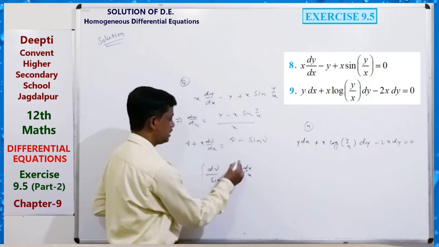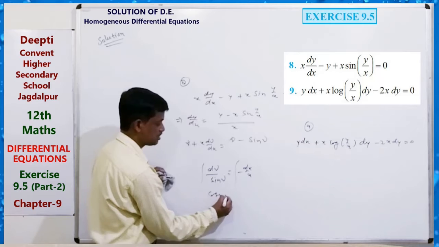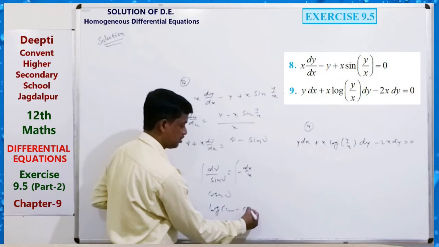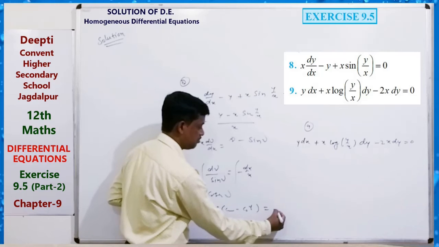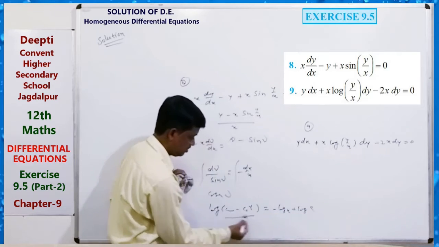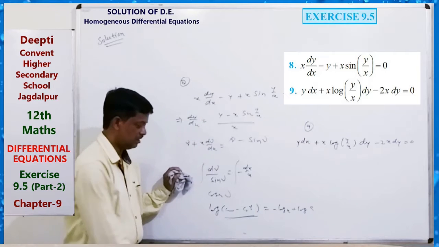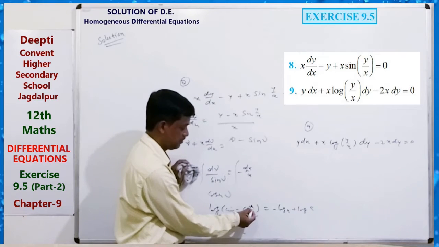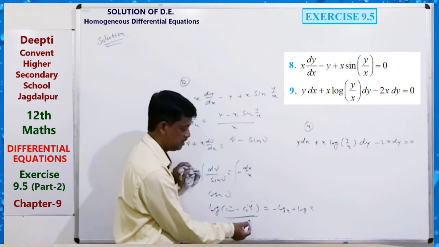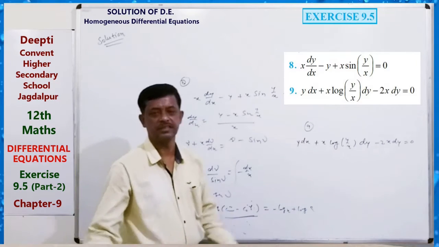Integrate it. 1 upon sin v means cosec v, so log of (cosec v minus cot v) equals minus log x plus log c. Now we can solve it: the log cancels, and cosec v minus cot v, where cosec is 1 by sin and cot is cos by sin, with v meaning y by x, then you can get the result.